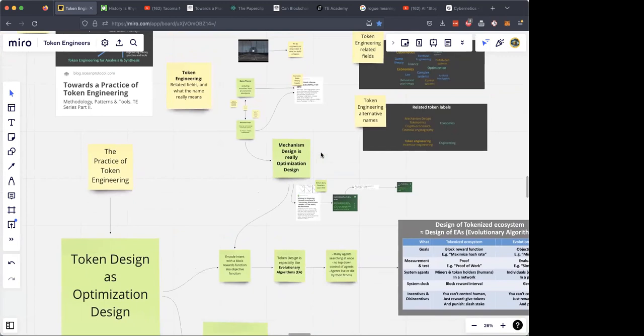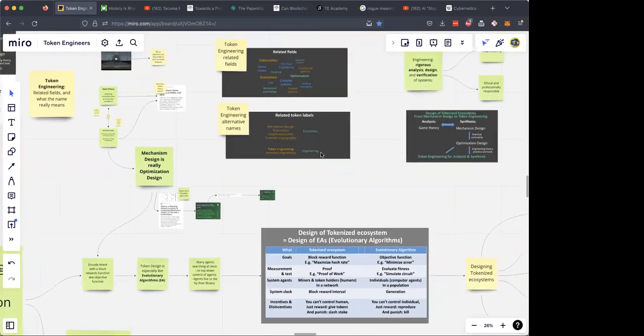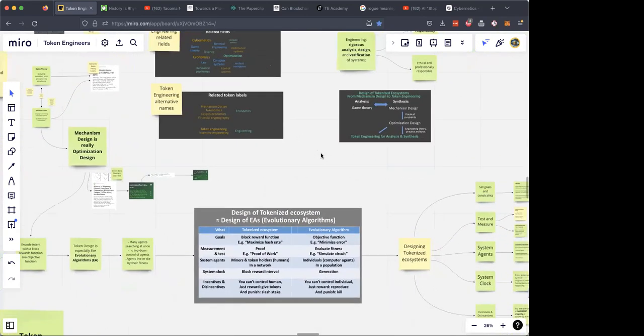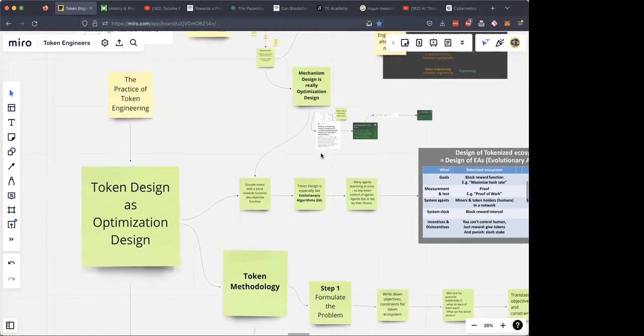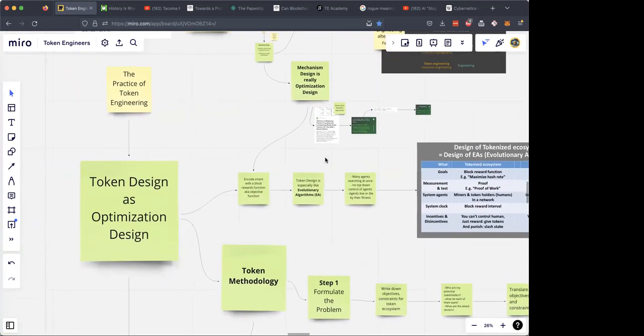If you consider all the users and agents in this market, the token is what they optimize for, so that you can drive their behavior. That's the mechanism design idea.